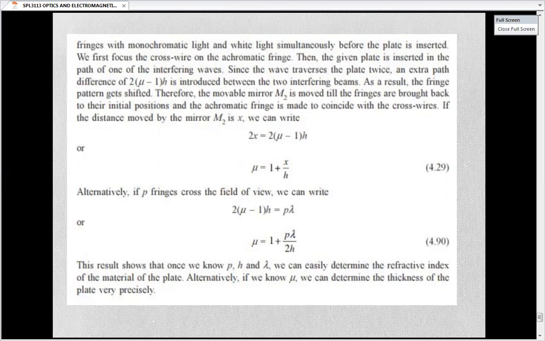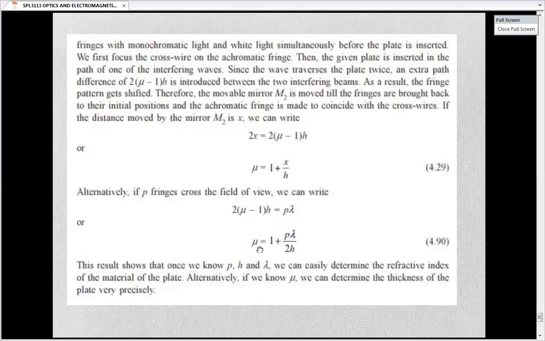You now make adjustments on the mirrors until the fringe is made to coincide back with the cross wire position noted before the glass plate was introduced. So when that adjustment is made, it is possible to get the number of fringes that cross a particular line, and that is equal to P. And so with that kind of procedure, you are able to get the refractive index of that material.